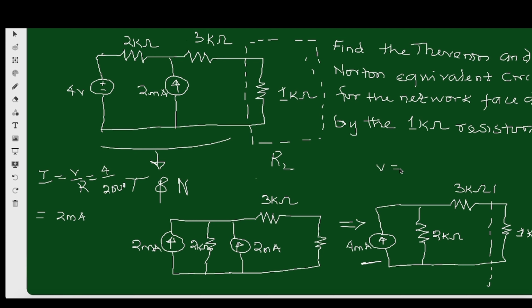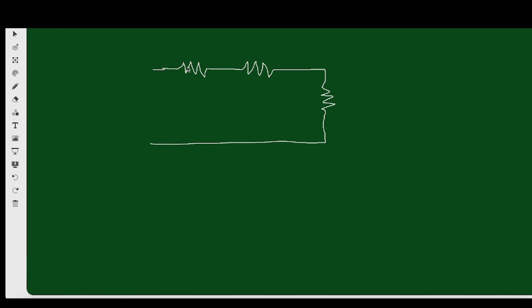V is equals to IR, so which gives us 4 milliamperes multiplied by 2 kilo, so that will give us 8 volts. So basically we have 8 volts here: 8 volts, 2 kilo ohms, 3 kilo ohms, and of course our load resistor, which is 1 kilo ohm.